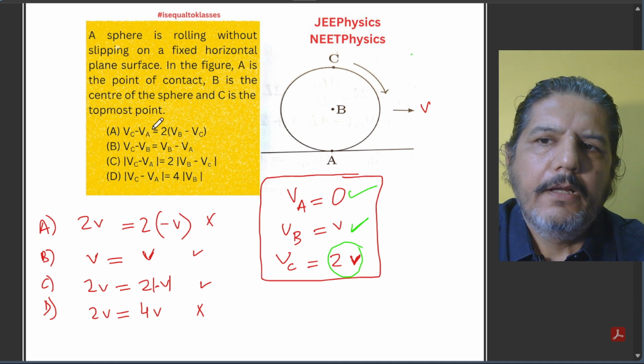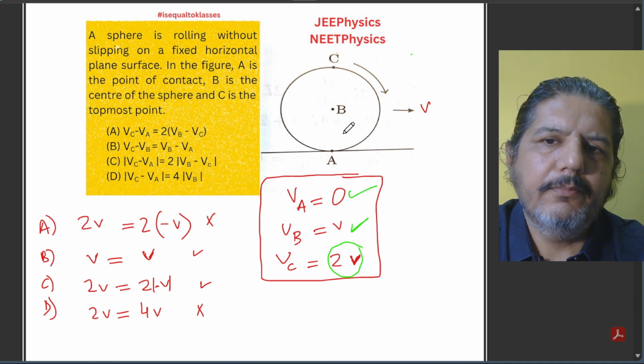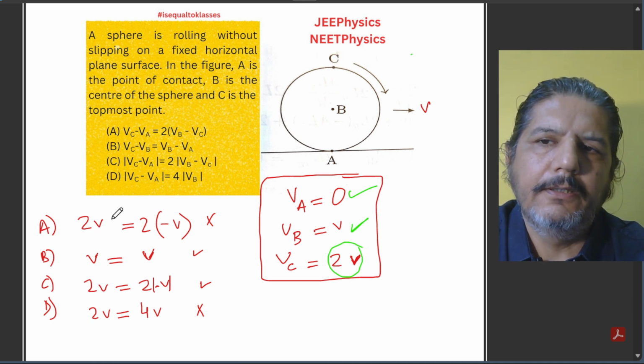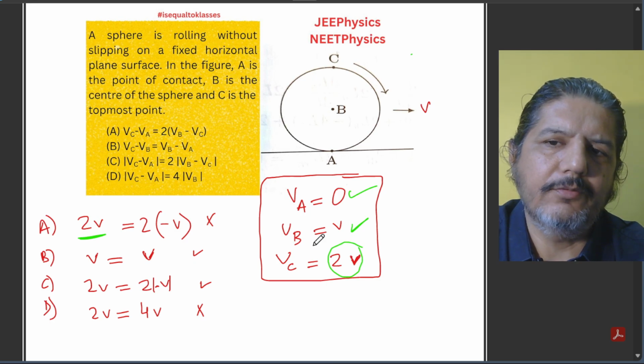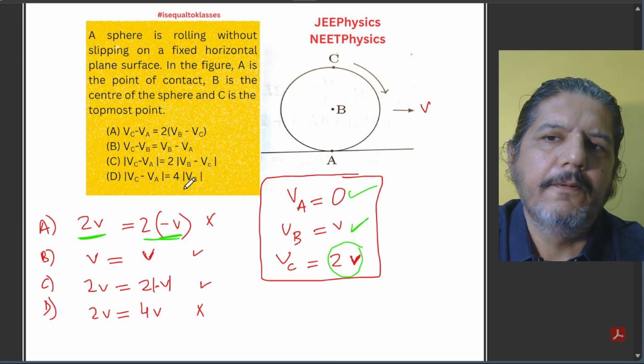Now VC minus VA would be twice of V. And VB minus VC, V minus 2V is minus V. So this is minus 2V.